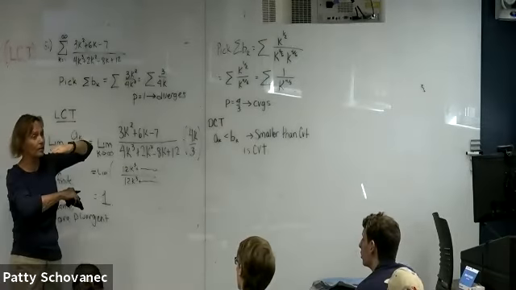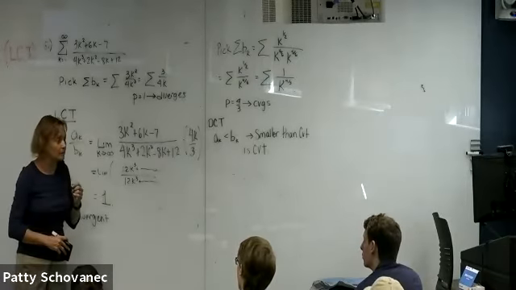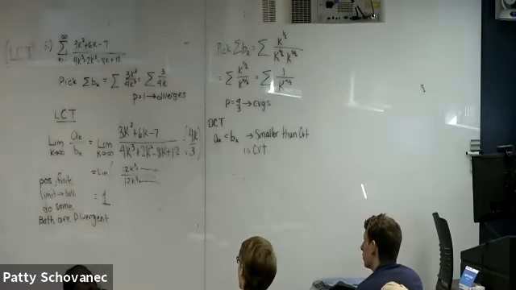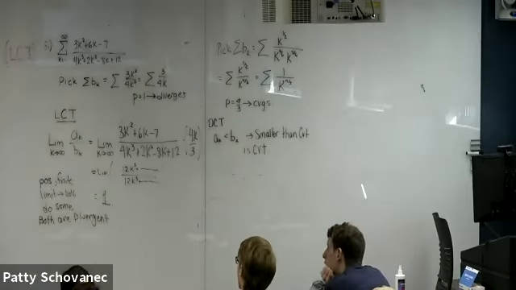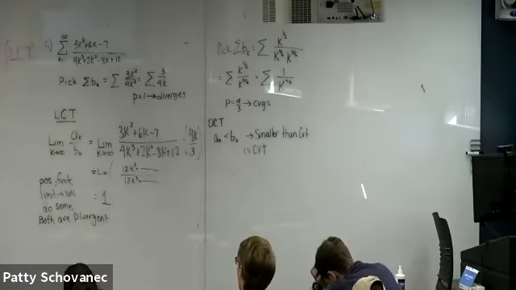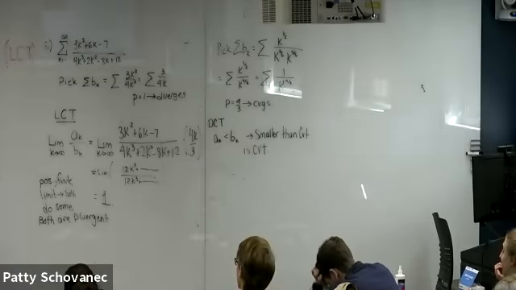So less over more makes it less, right? So it's smaller than divergent. It's not in the right size. So I'm going to do the limit comparison test. We take the limit as k goes to infinity of the given series over the one we just built.